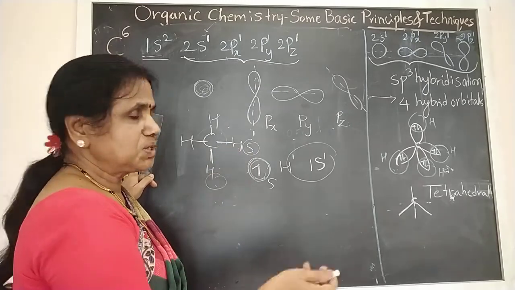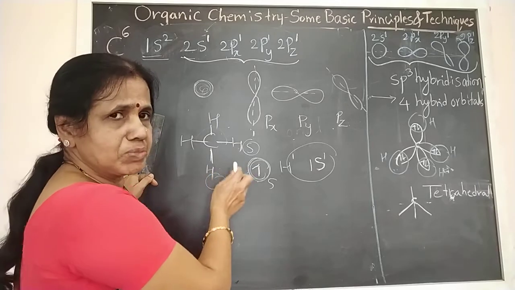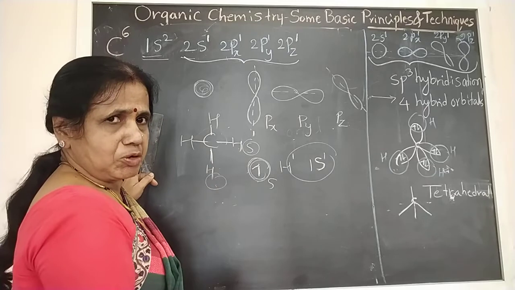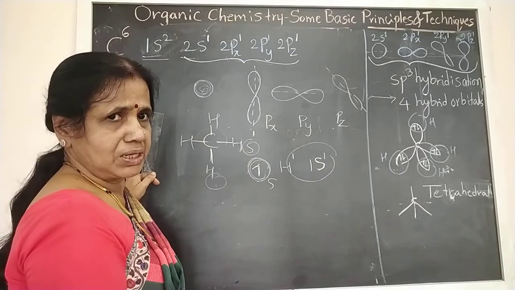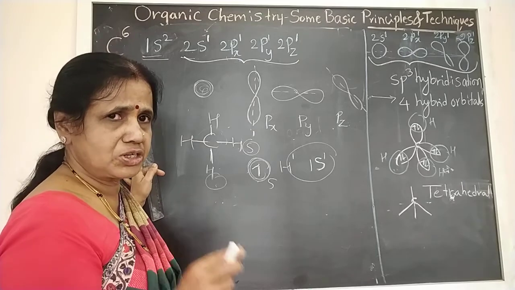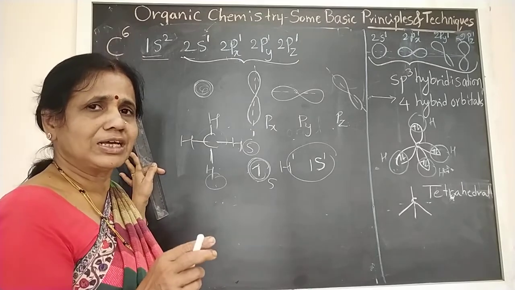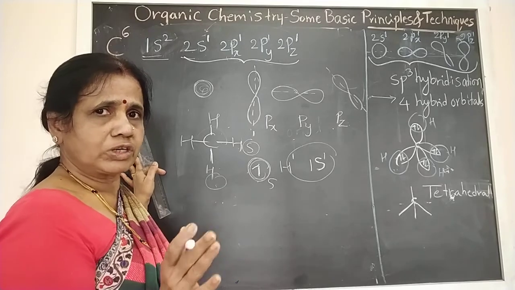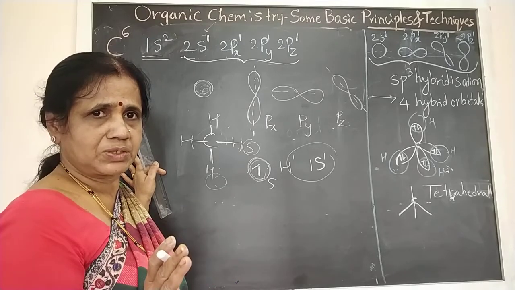So to explain the geometry of methane, or of these organic compounds formed by carbon, a concept called hybridization was introduced. Actually, you are studying hybridization in the other chapter, so don't worry about the hybridization concept here.